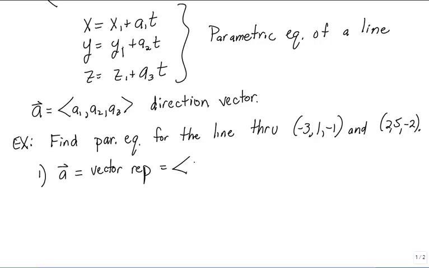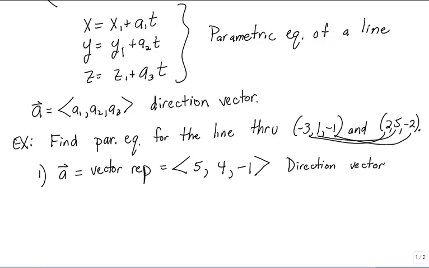So that is 2 minus negative 3, which is 5, 5 minus 1, which is 4, and negative 2 minus negative 1 gives me negative 1. So that's the direction vector. That's the direction the line's going.